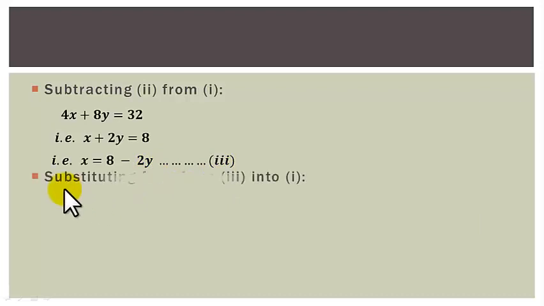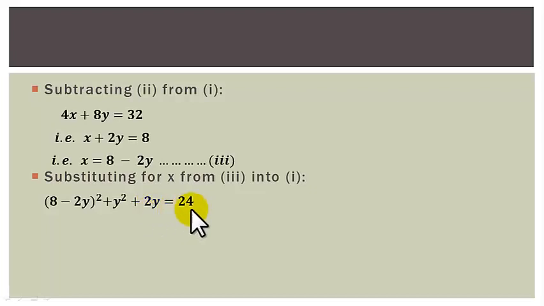Now let us substitute for x from equation 3 into equation 1. That is 8 minus 2y squared, that's x squared, plus y squared plus 2y equals 24.